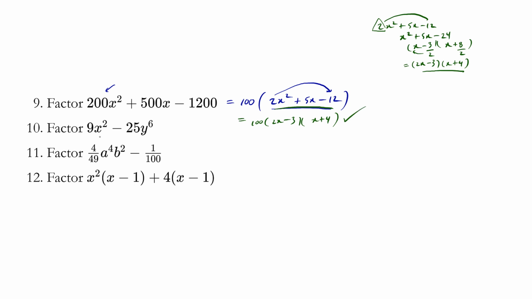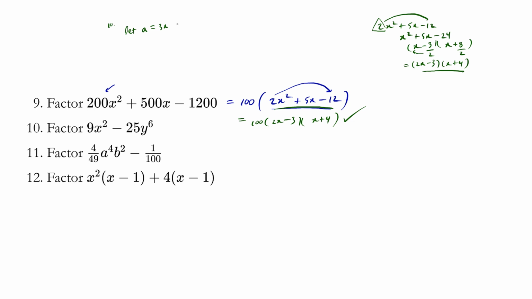Now let's try question number 10. We have the a value, which is square rootable, and we have the second part, which is also square rootable. Focusing on question number 10, let a equal the square root of this expression, which is 3x.